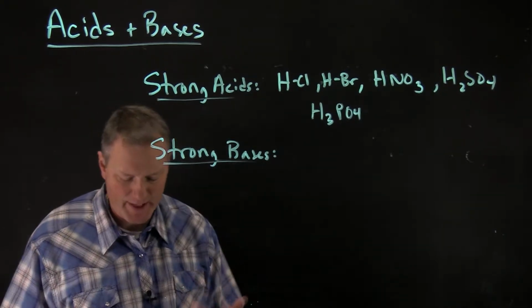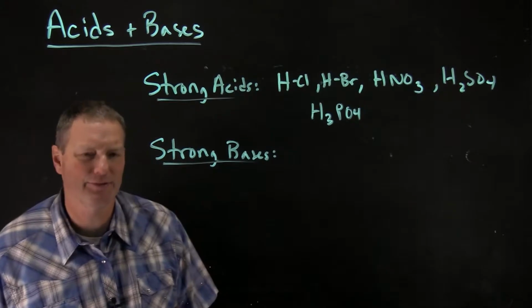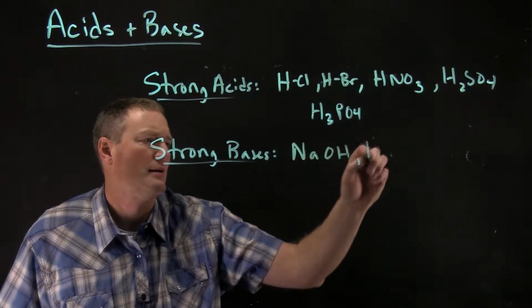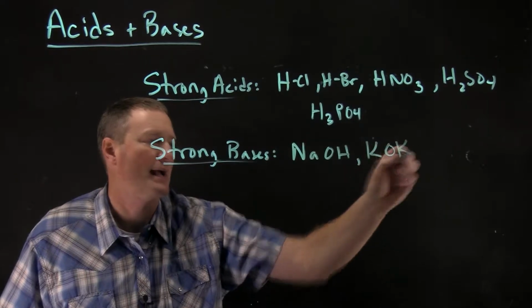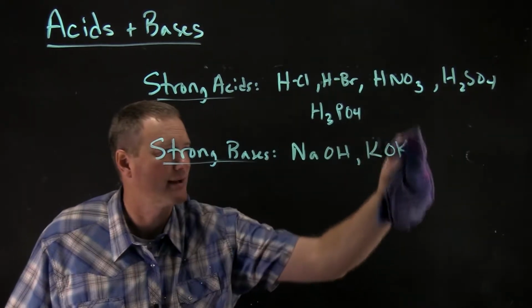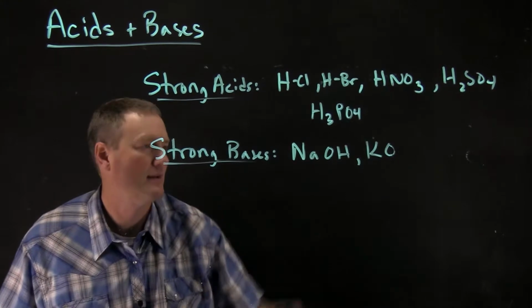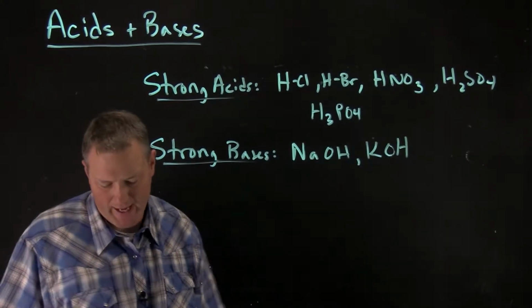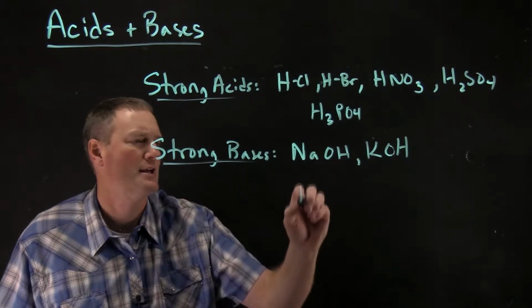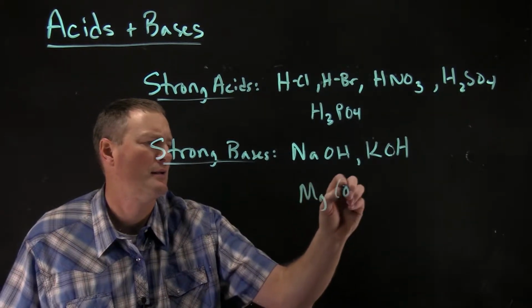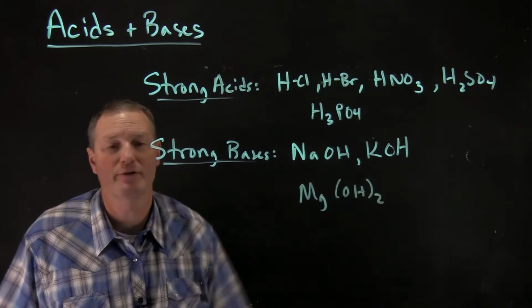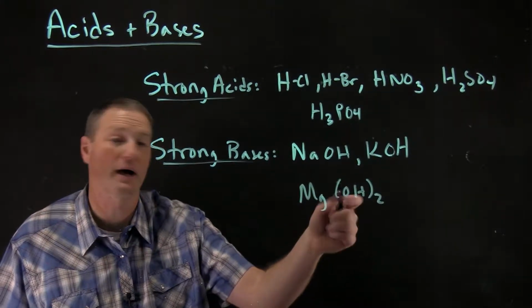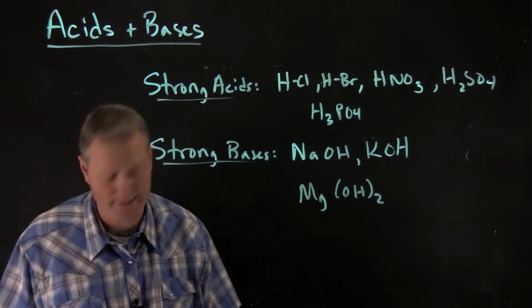Strong bases are typically going to be hydroxide salts, so things like sodium hydroxide, potassium hydroxide, KOH, sorry. So these are examples of strong bases. A couple others, magnesium hydroxide, Mg(OH)2. Notice that this one actually can give up two equivalents of hydroxide.